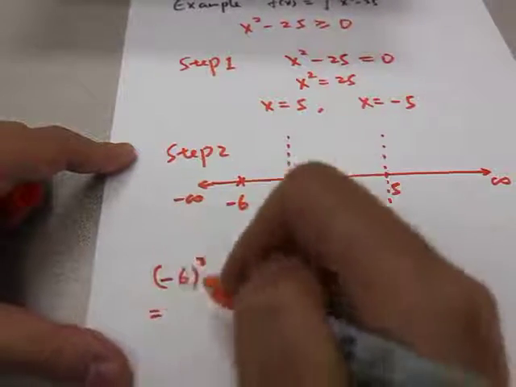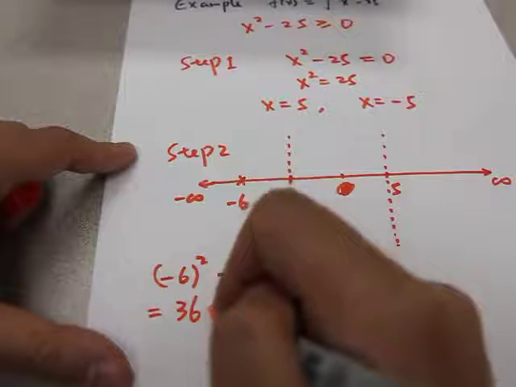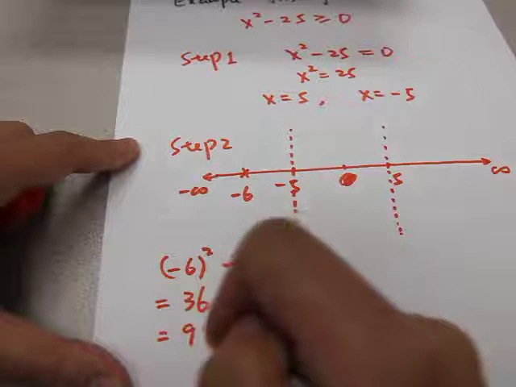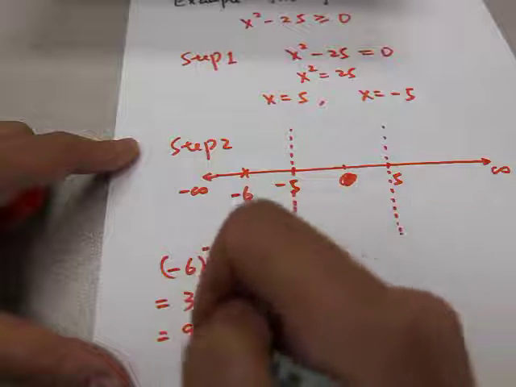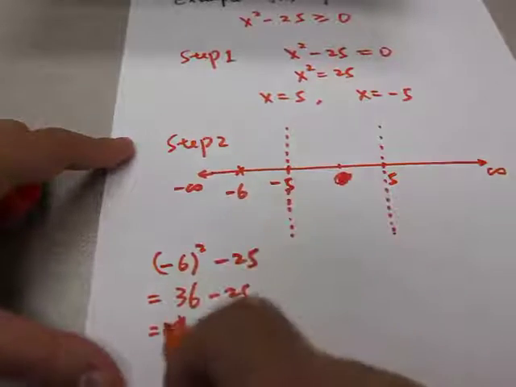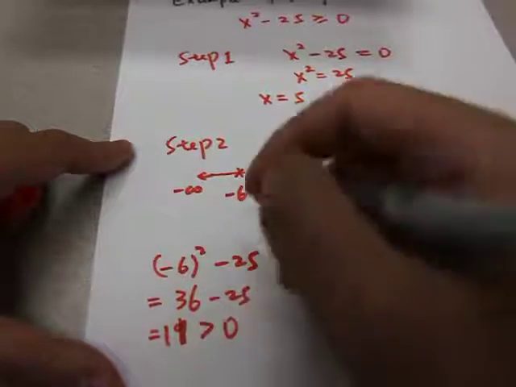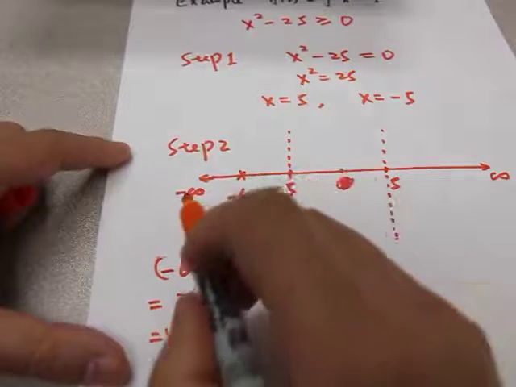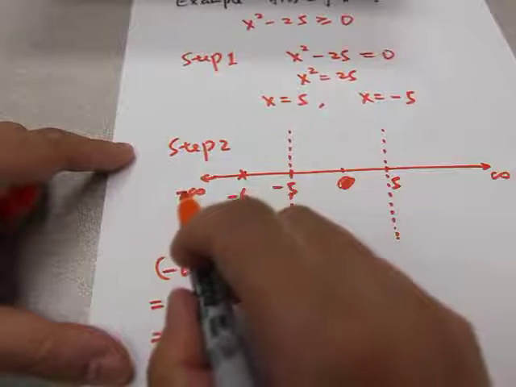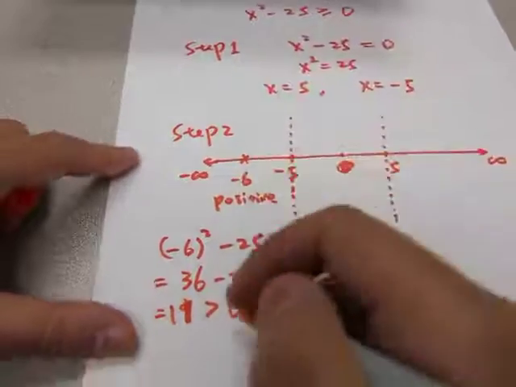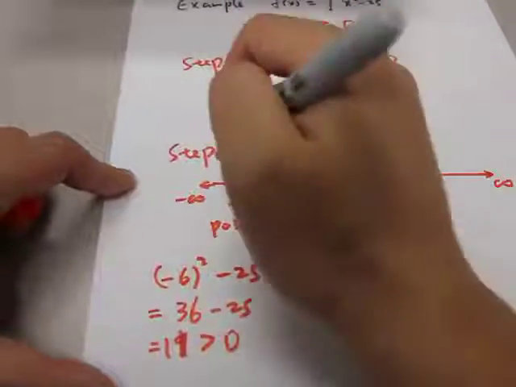And this is 36 minus 25. And this is positive. So if this is positive, that means every number from negative infinity to negative 5 will be in our domain. Okay, so we found 1.